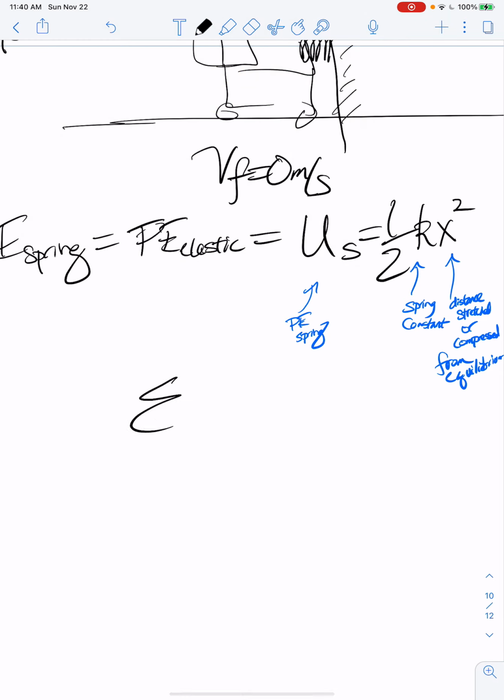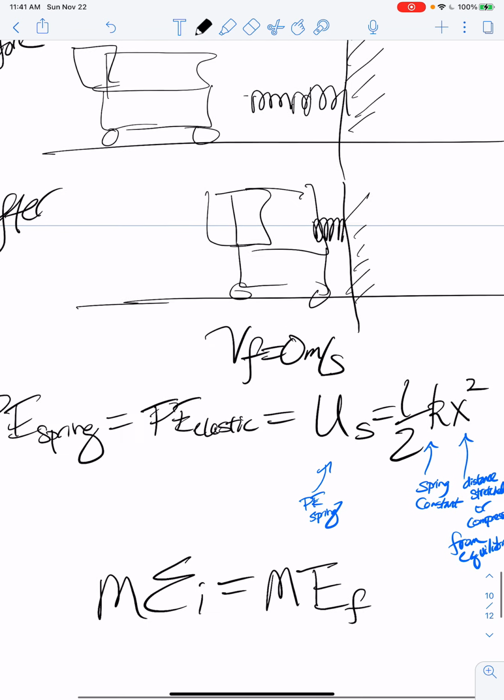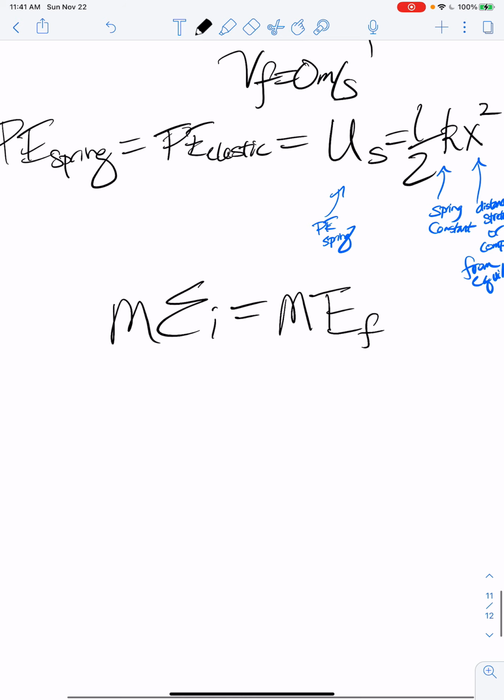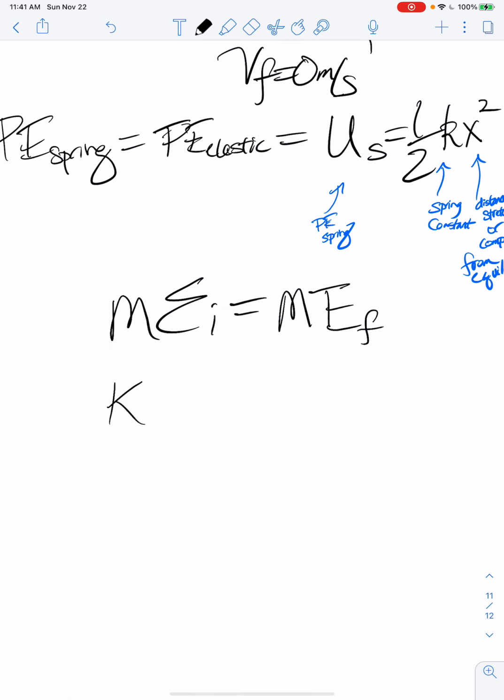EI equals EF. Or you could say MEI equals MEF if you want, for mechanical energy, which is potential energy and kinetic energy. I'm going to go ahead and write that. So initially the cart was moving to the right, so the only kind of energy it had, since the spring wasn't stretched, is kinetic energy.